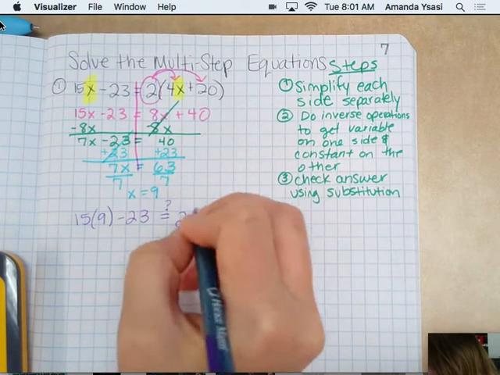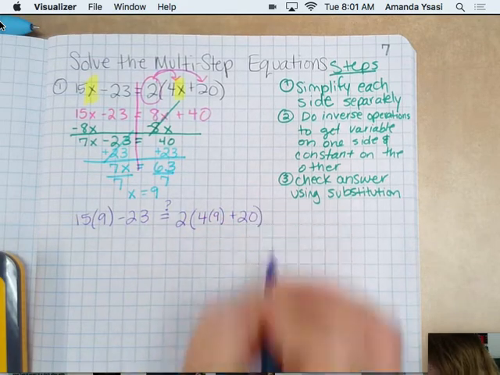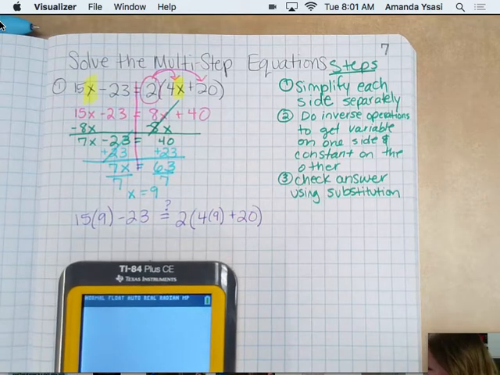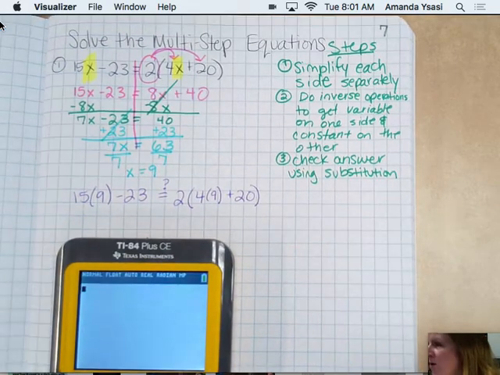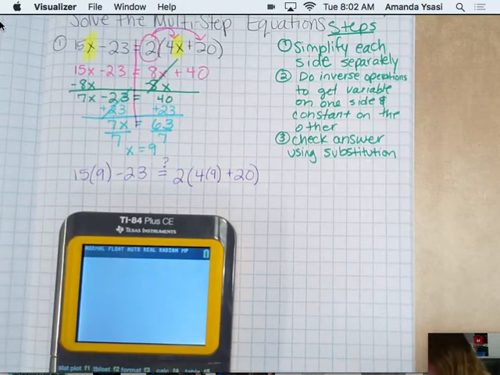And then 2 parentheses 4 times 9 plus 20. And I believe we can put that whole thing in there and it'll tell us if it's true or false. But I don't remember. I'm going to check.